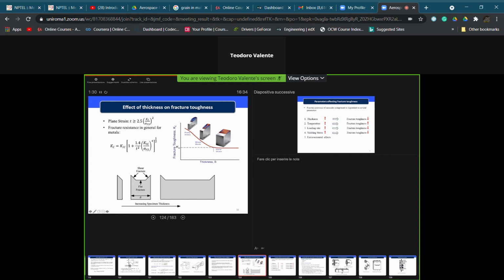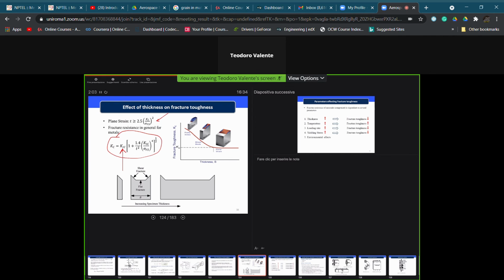And in fact, if you see this equation, you start from the constant value related to the plane strain condition, which is met only if the condition on the thickness is respected.